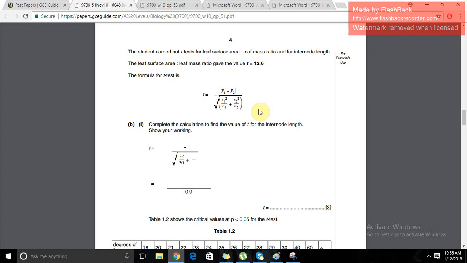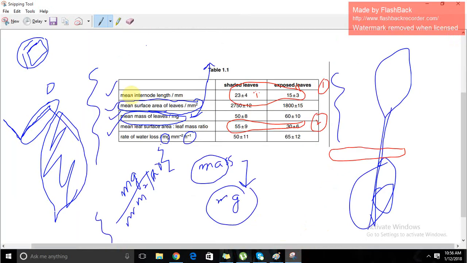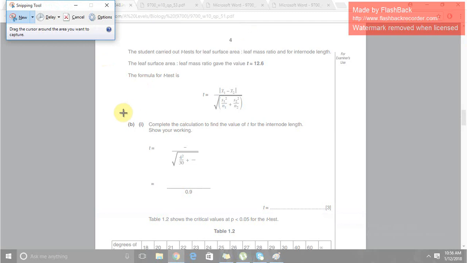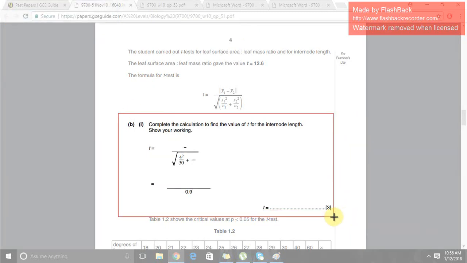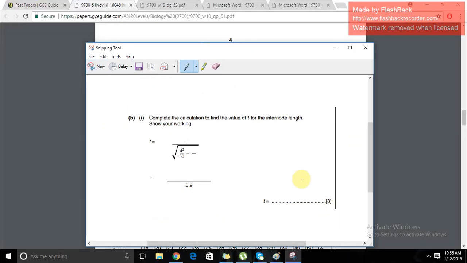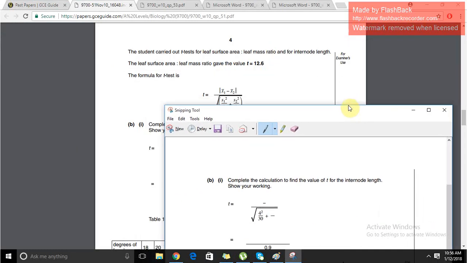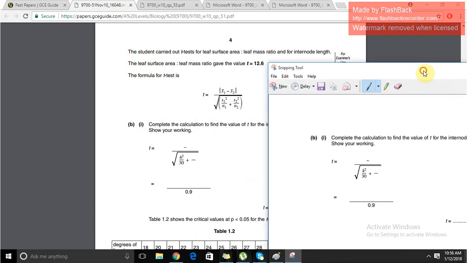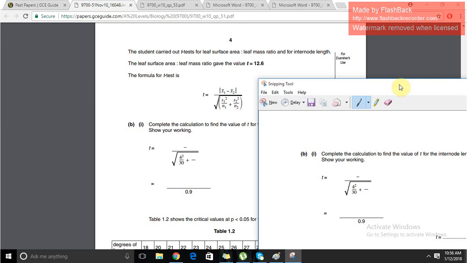So you need to complete the calculation to find the value of t for the internodal length, and we need to show workings. Right?